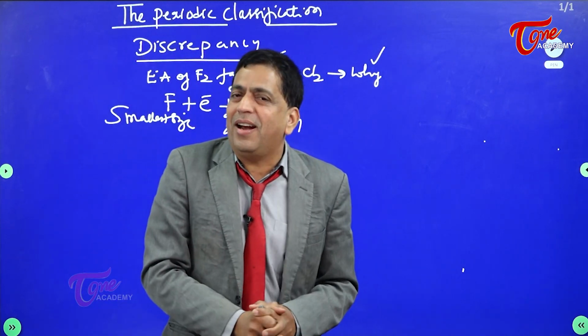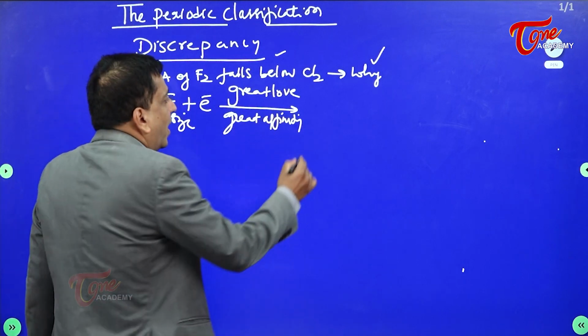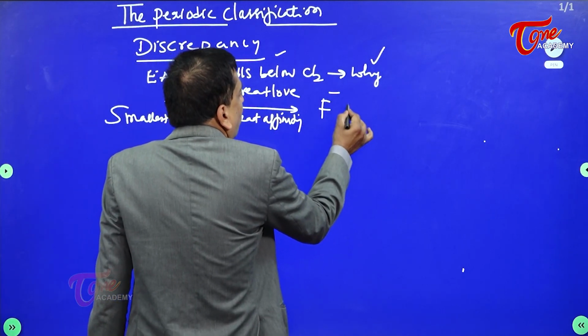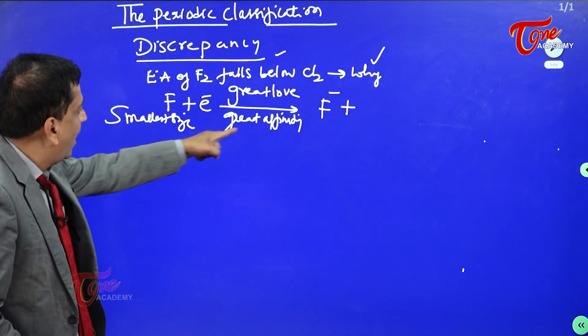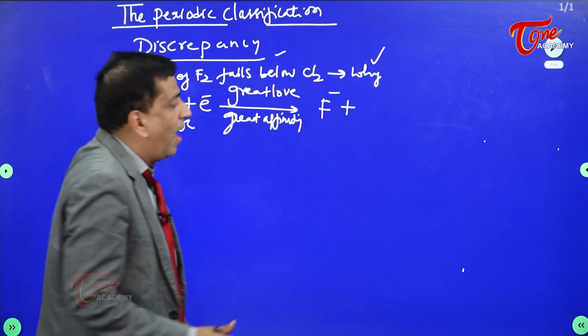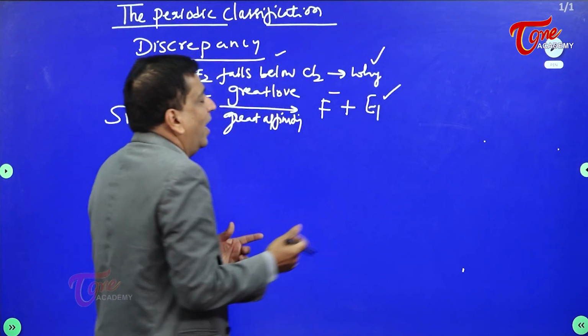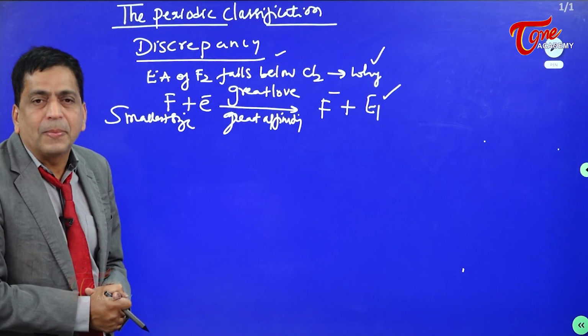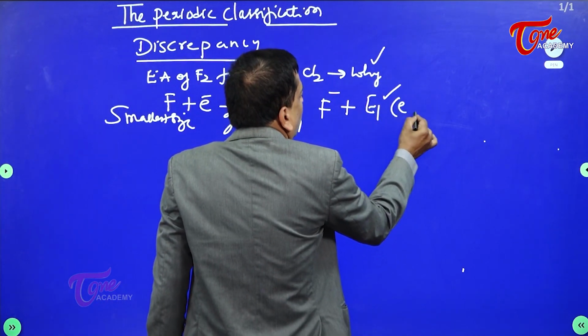Here I write, great affinity, great love. It forms F minus, no doubt about it. When you add an electron, it forms a negative charge, and then energy is released. That's the electron affinity of fluorine, E1, and it is exothermic, of course.